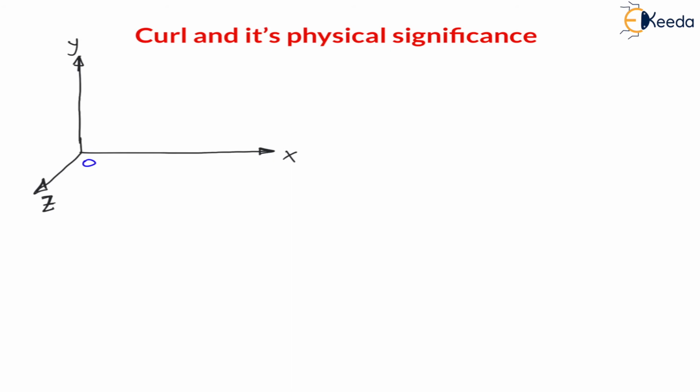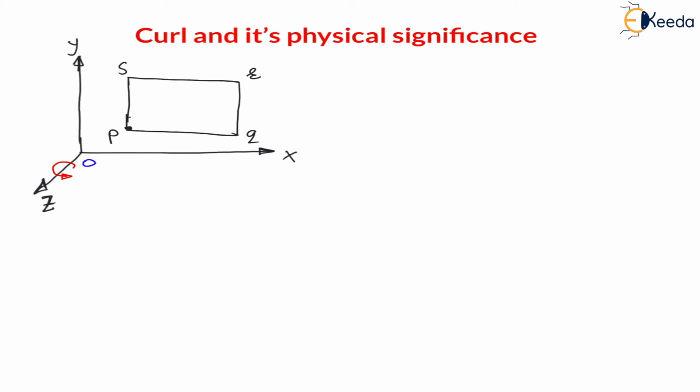I am considering one element or surface in the xy plane, so that the surface rotates about the z-axis. Therefore I am considering circulation along the z-axis. So let us consider one element like this. This will be the element or surface.